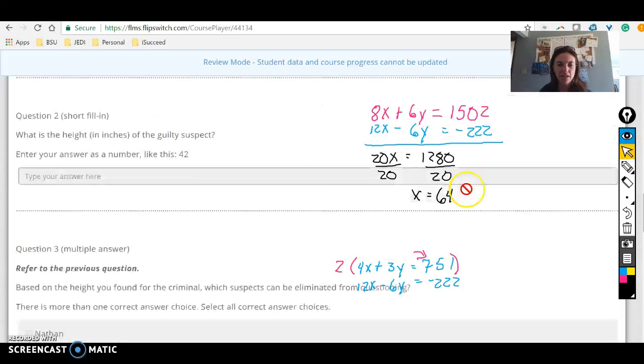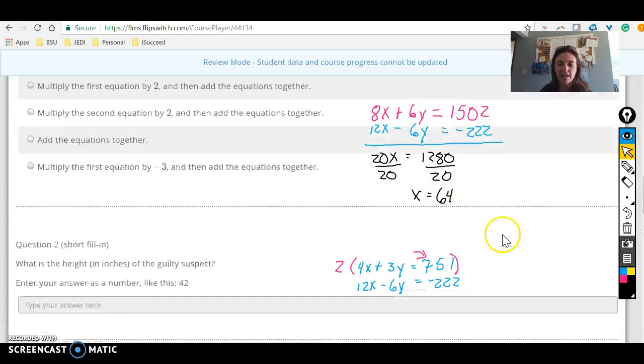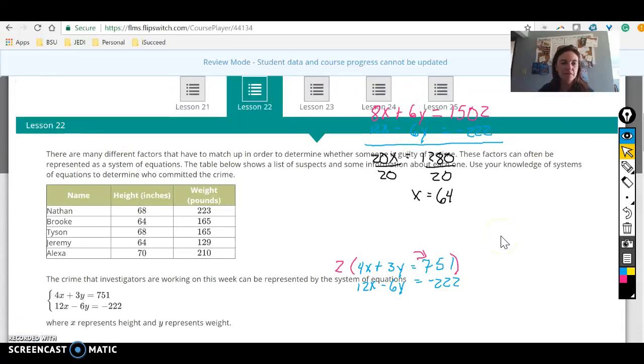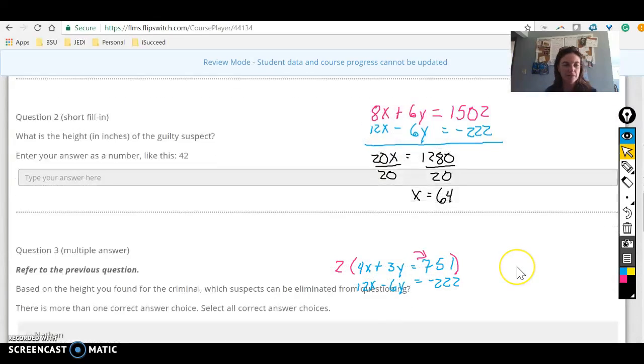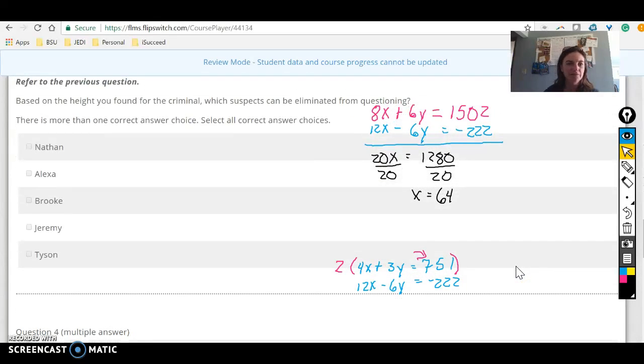And based on that x equals 64, if we go up, we can see that we've got 2 possible culprits, Brooke and Jeremy. So let's scroll down and we'll mark those. Brooke and Jeremy are our possible culprits.